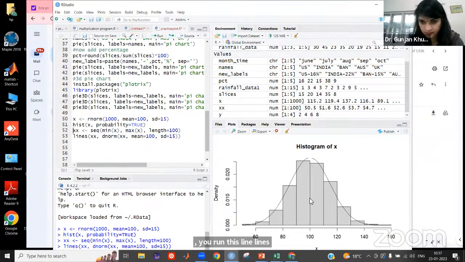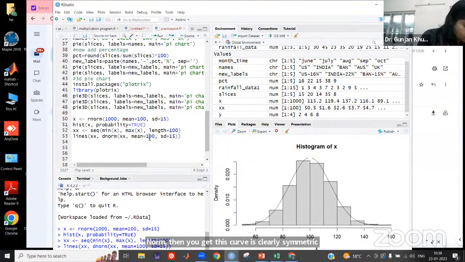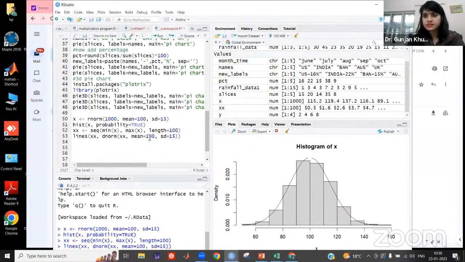Can you see that? So these are 100 random numbers plotted and they follow the normal distribution. It's clear from the graph, right?